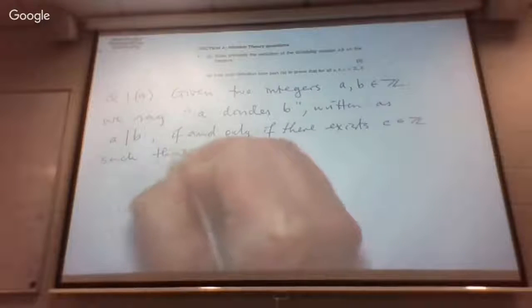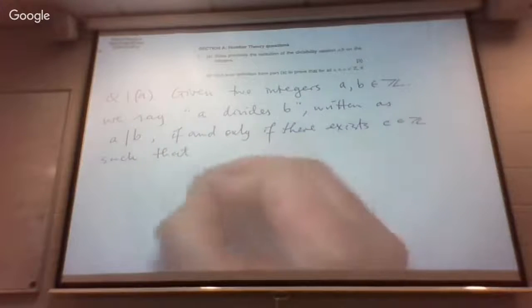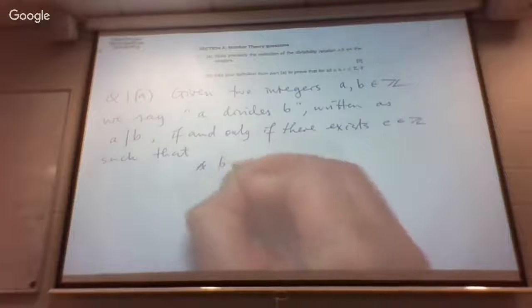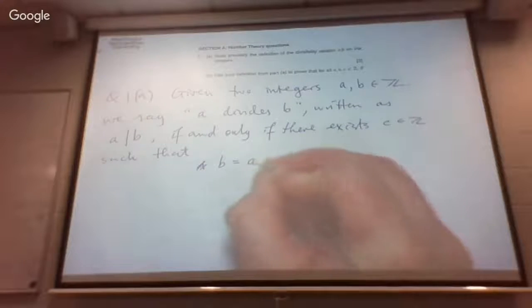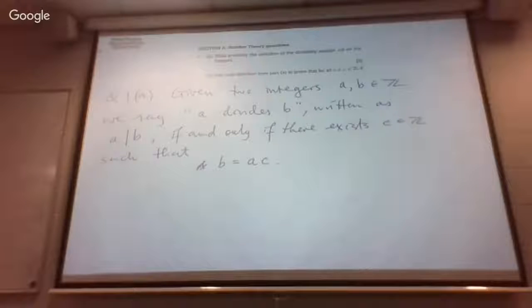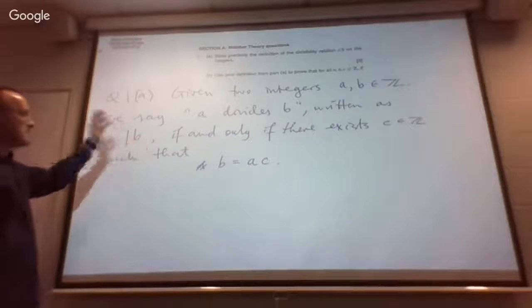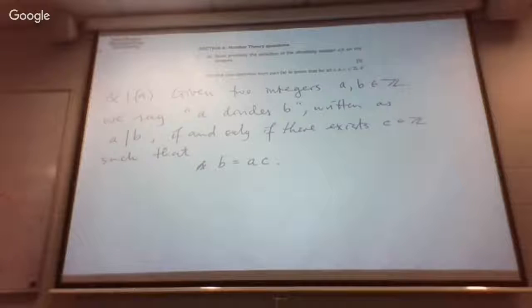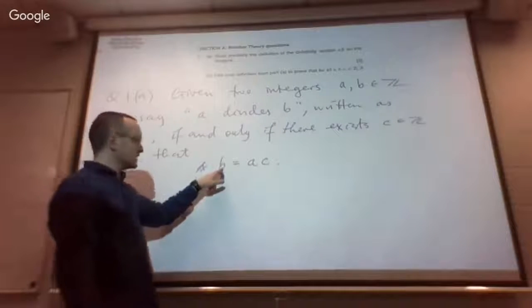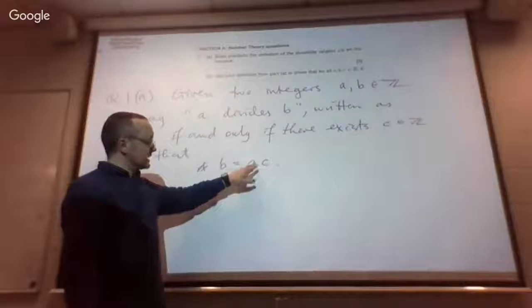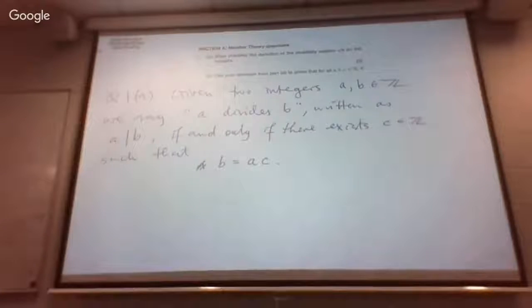such that, now just make absolutely sure you get this bit the right way around. There's maybe a tendency, a possibility you might mix things up and have it going in the wrong direction. But A is dividing B, so typically you think of A as being the smaller thing. So we can write the big thing B as the little thing A times another. So that seems pretty good.